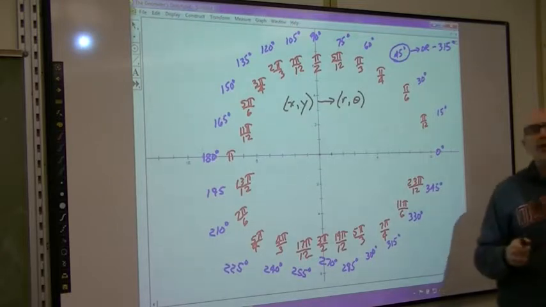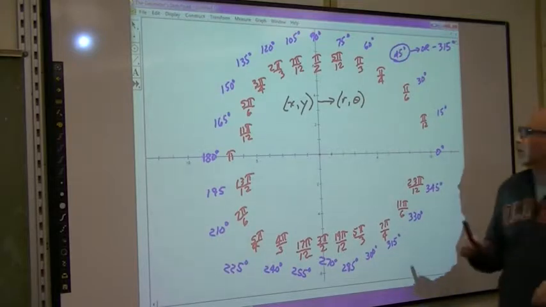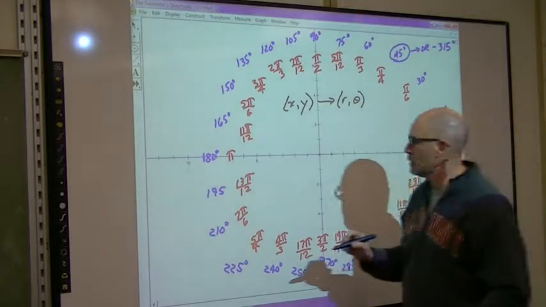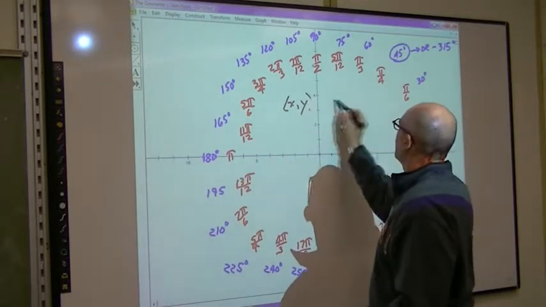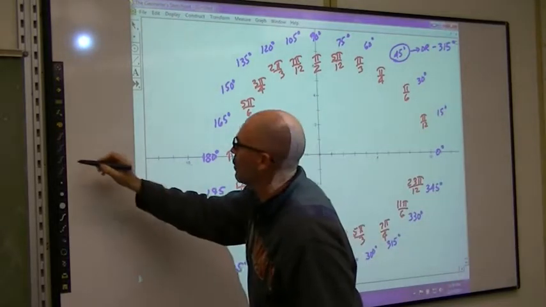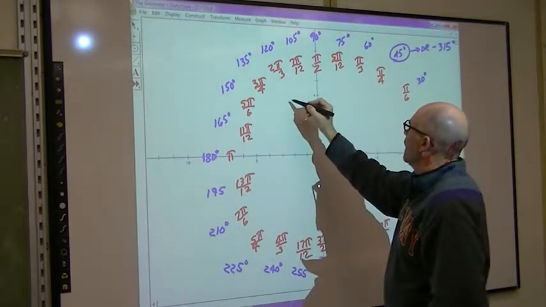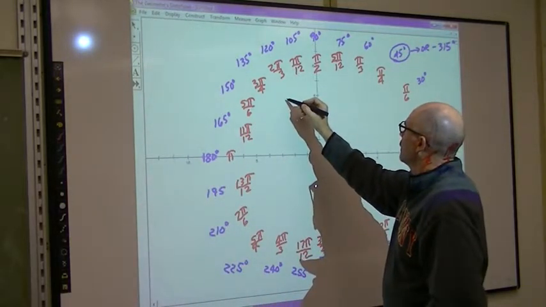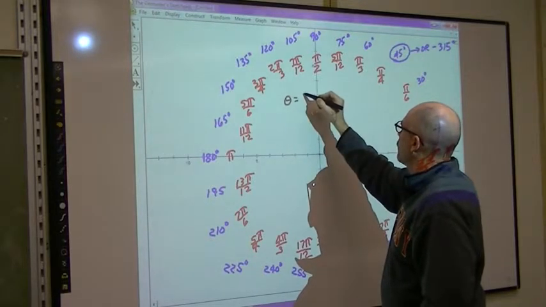Cruising onward, we're going to be now graphing really simple polar equations. So let's check out the equation theta equals pi over 4.